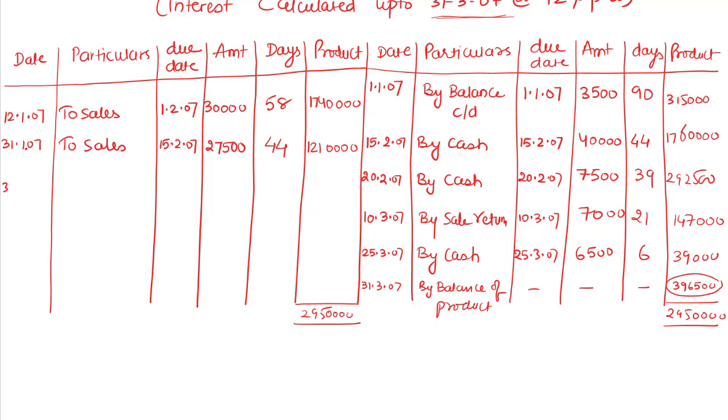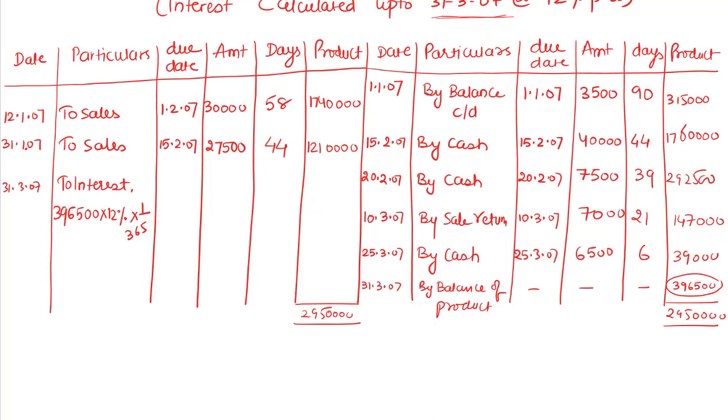So 31st March 2007, on another side in amount column, to interest. 396,500 multiplied by the rate of interest given in the question, 12%. For 1 day we need to give, so 1 upon 365.